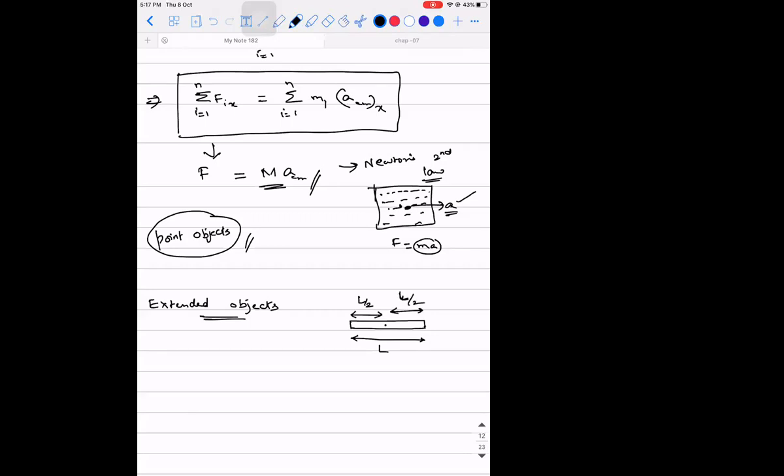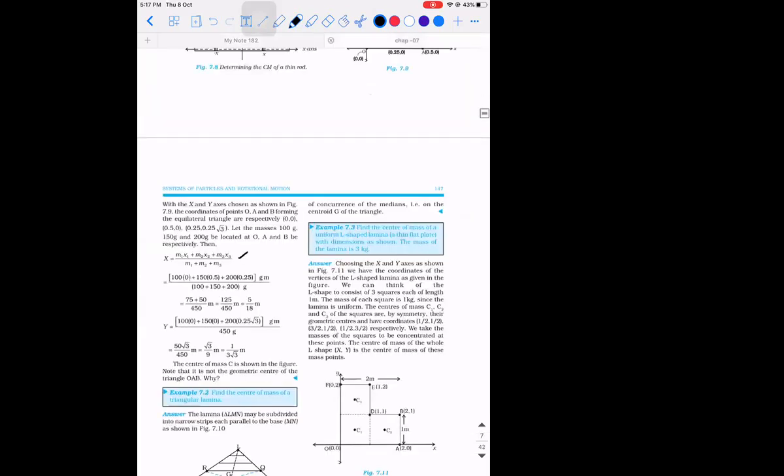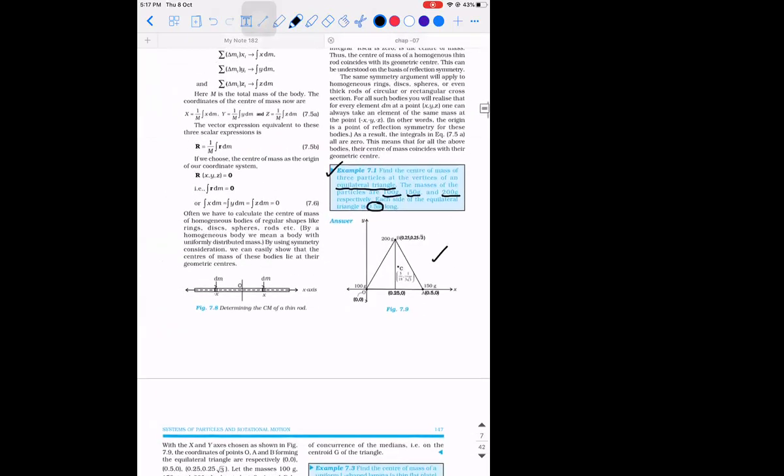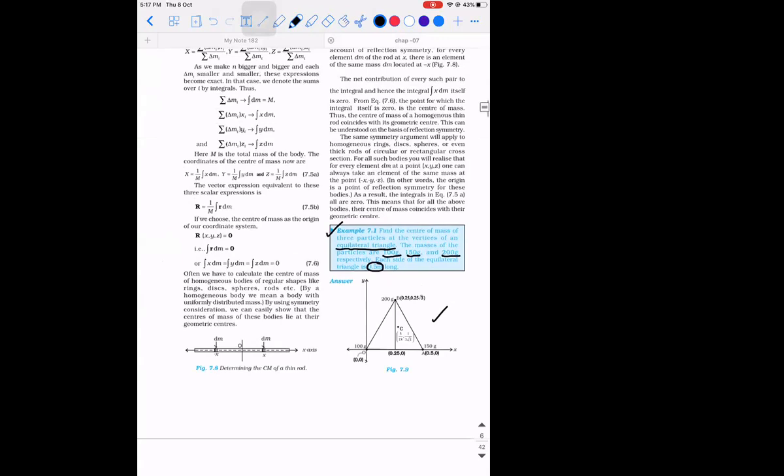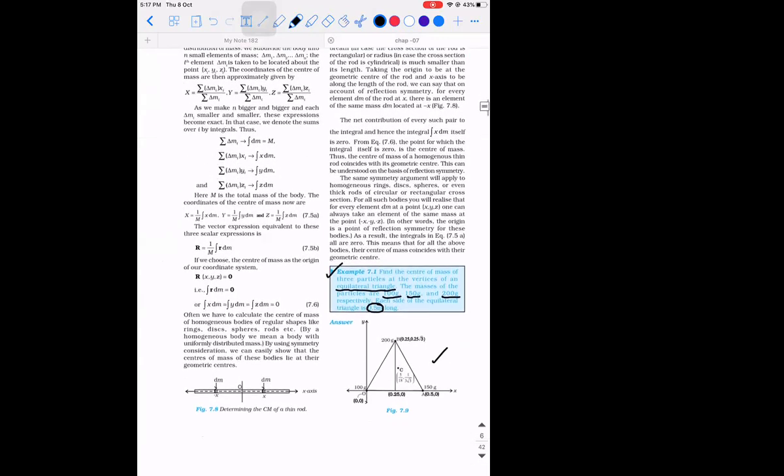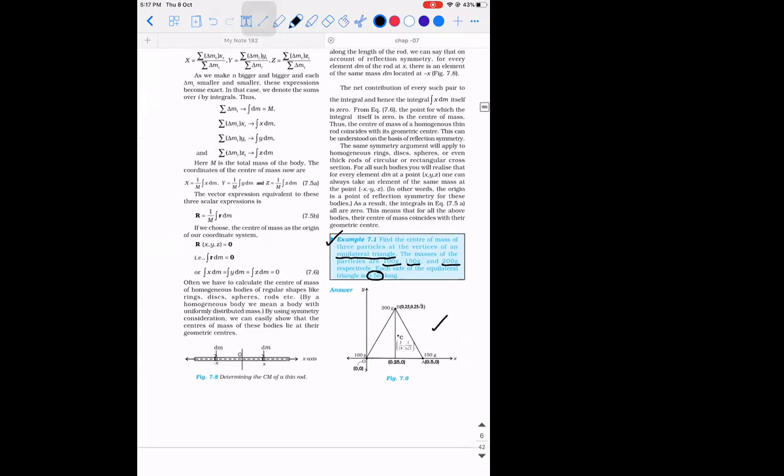Right? So when you have extended mass, write down this formula. So this will be the formula for the x coordinate of center of mass: integral of x dm divided by capital M. Just write down the formula, that's enough.